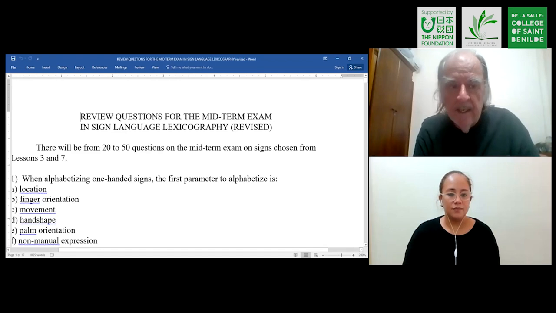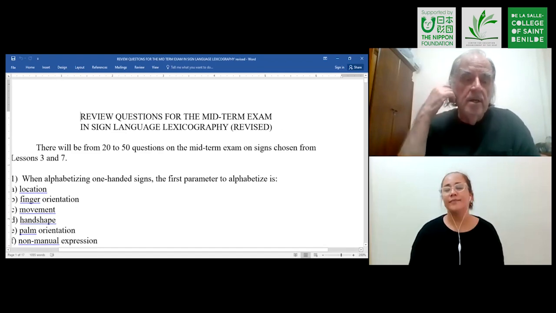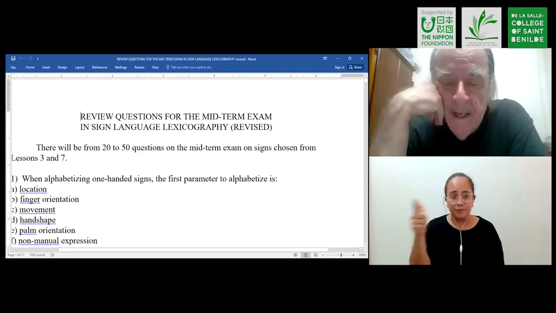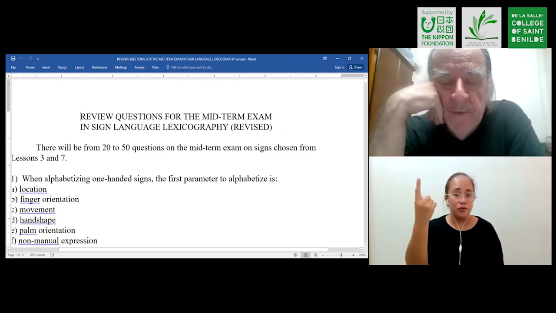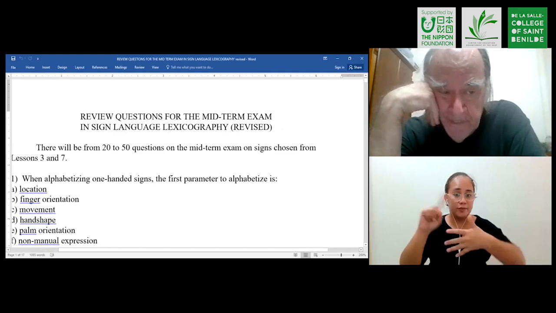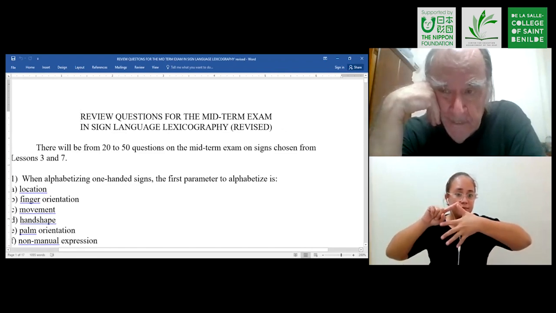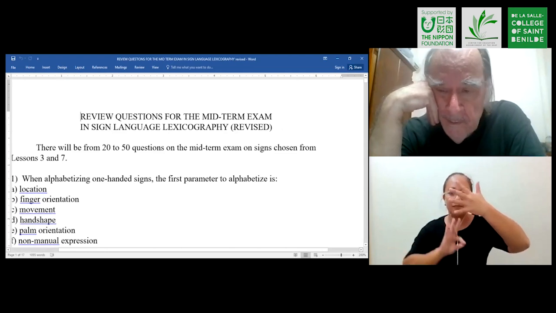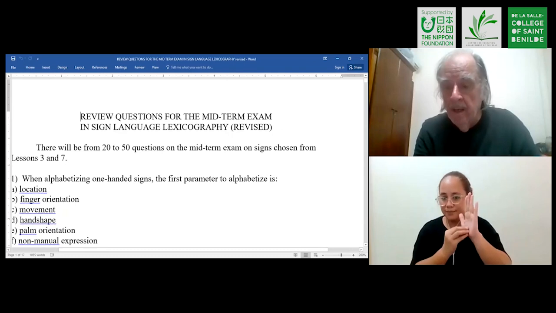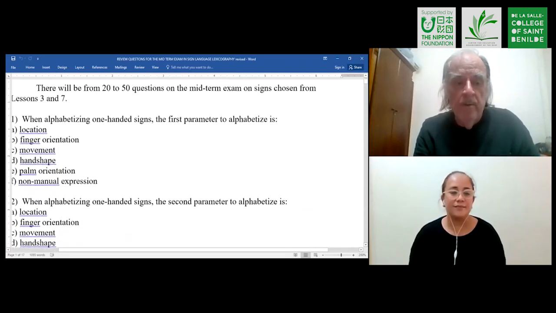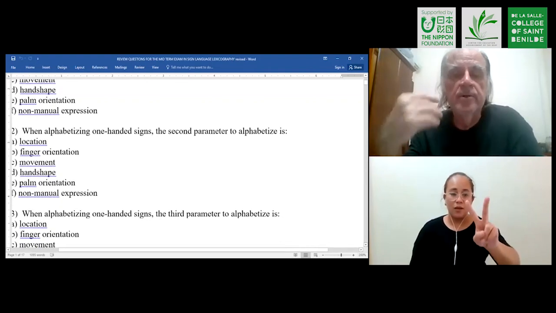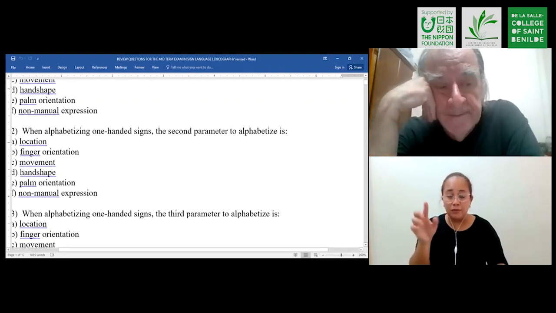Yes, sir. Thank you. Okay, so when alphabetizing one-handed signs, the first parameter to alphabetize is? D, hand shape. Yes. Okay, when alphabetizing one-handed signs, the second parameter to alphabetize is?